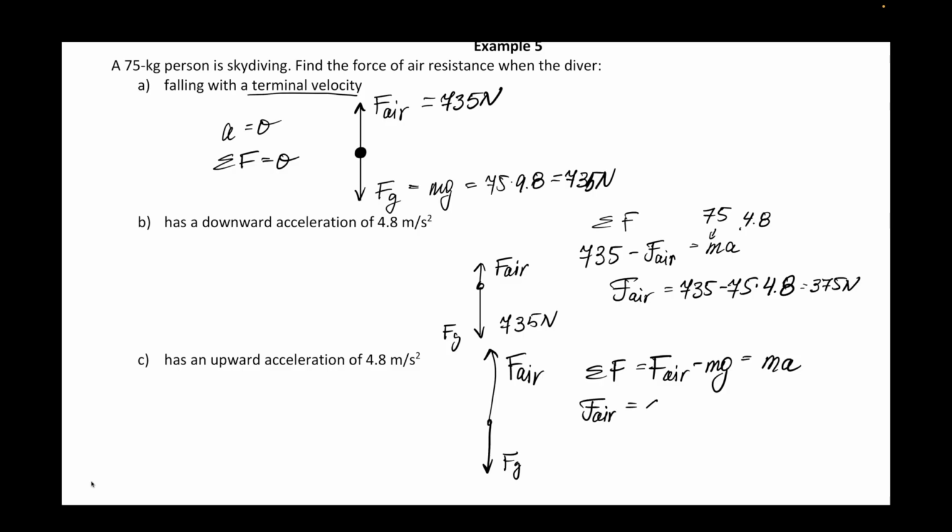So force of air is going to be mg plus ma, and I'm just going to do 75 times the sum of 9.8 and 4.8. Together, that's 75 times 14.6. It's going to be 1,095 newtons. There we go.